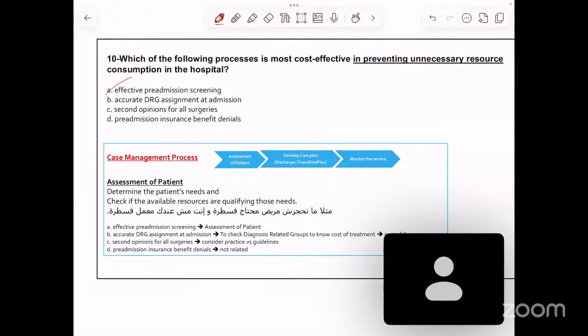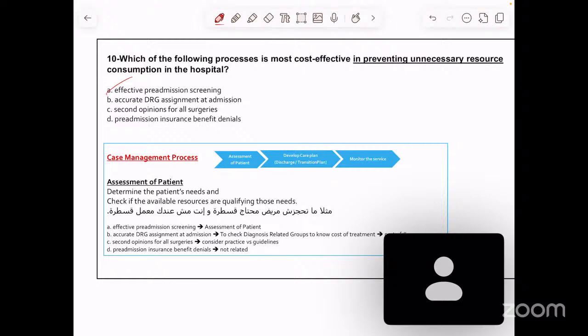Okay. As you can see, this is the most cost-effective way to prevent unnecessary resource consumption in hospital. By assessing the appropriateness of admission and planned procedures beforehand, the hospital can avoid unnecessary hospitalizations, thus reducing complications and cost, and optimizing resource use.